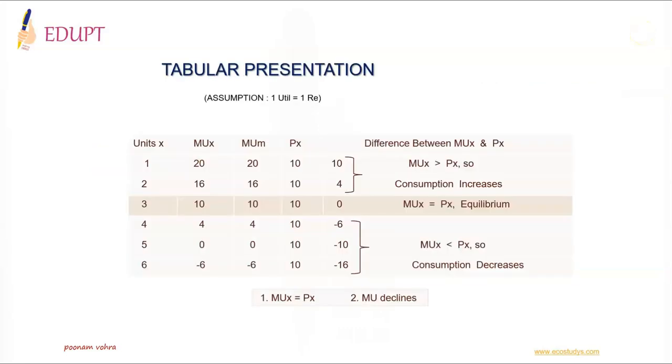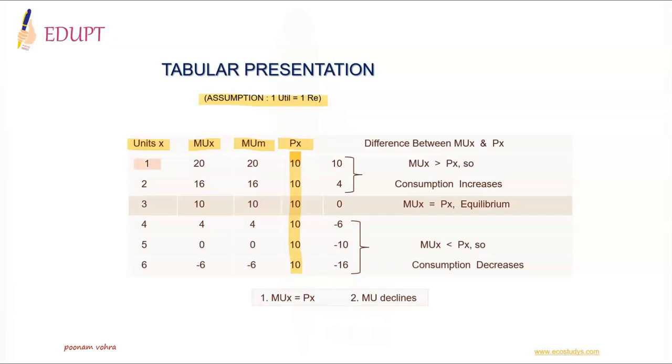Let's understand the tabular presentation of consumer's equilibrium with the assumption that 1 util is equal to 1 rupee. Units of commodity X consumed, marginal utility in utils as well as in money terms can be found. Price of commodity X is given and constant, that is rupees 10.